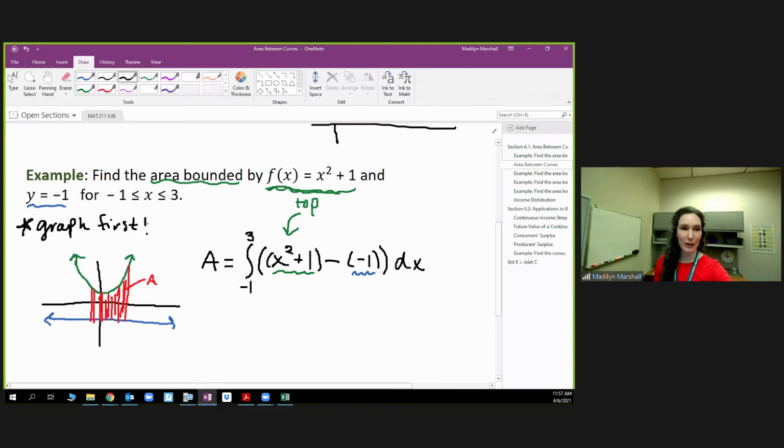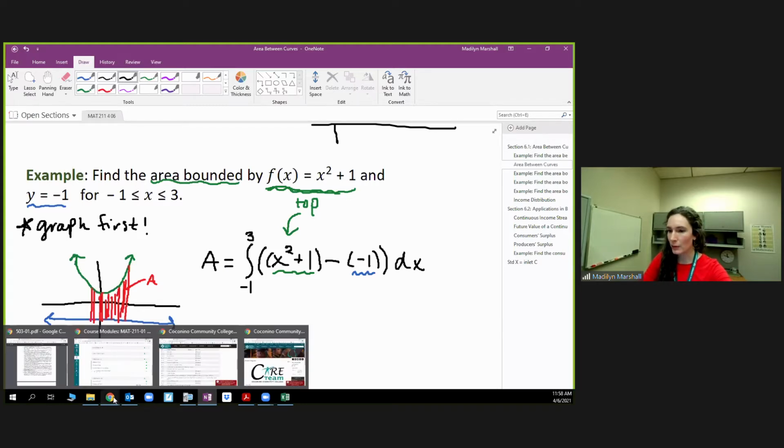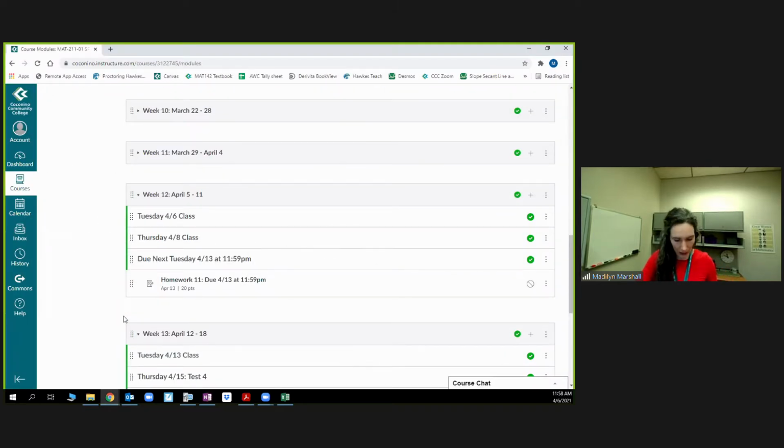So that's the important part. This is the setup that we need. And we can graph this. I'm just going to sort of switch between Desmos and the graphing calculator.